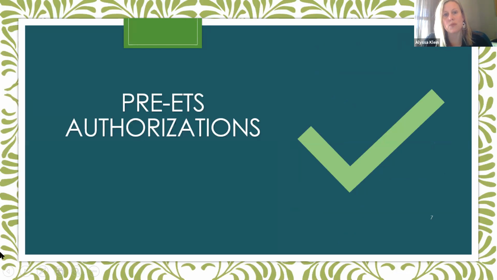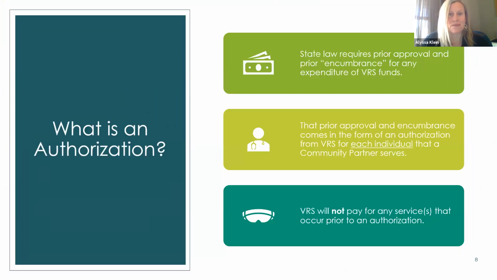So let's get into pre-ETS authorizations, which is after you have completed the referral, you'll be completing an authorization. So first of all, what is an authorization? Our state law requires that we approve any funds prior to a service being provided.